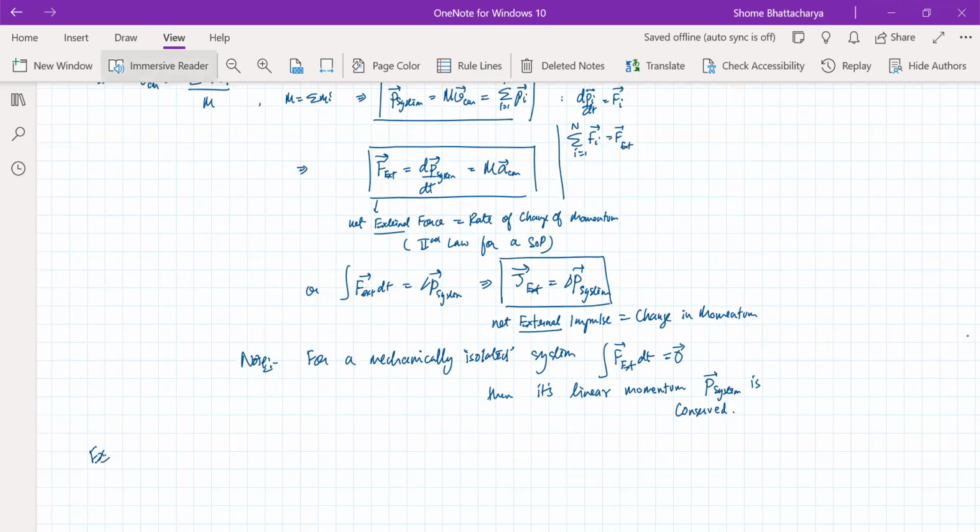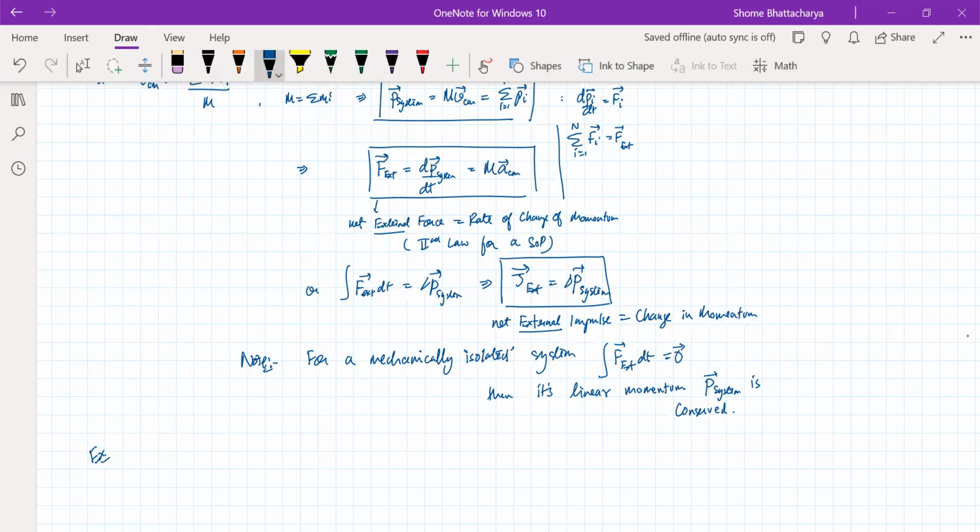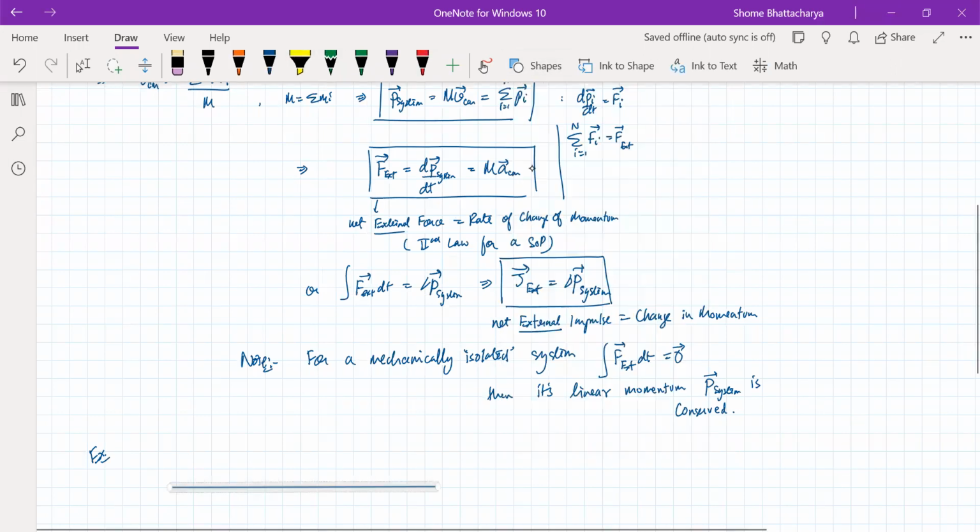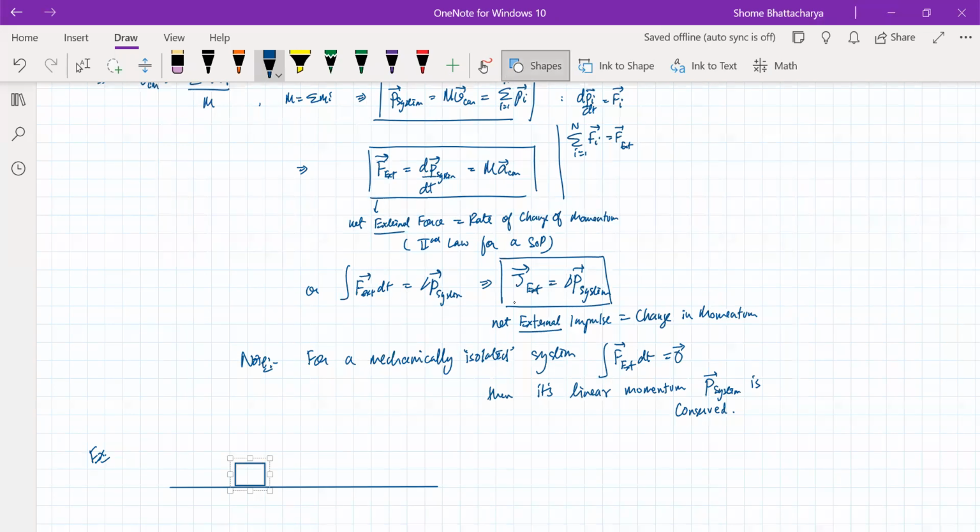Let's look at a very basic situation to understand how this applies. Suppose we have a system that consists of two blocks kept on a smooth surface, and these blocks are, let's say, connected by an ideal spring.